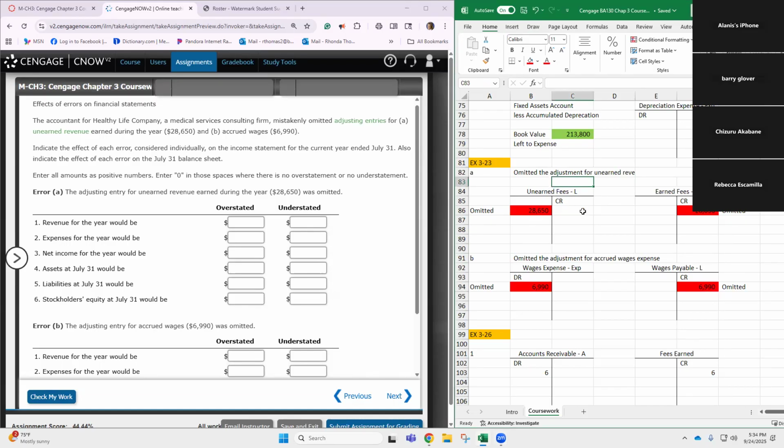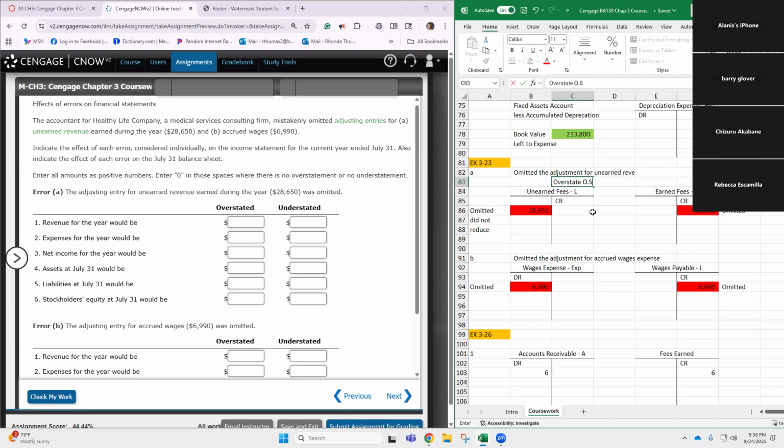So we did not reduce liability. This liability has too much in it. It's overstated, and how you express that is with OS, overstated.